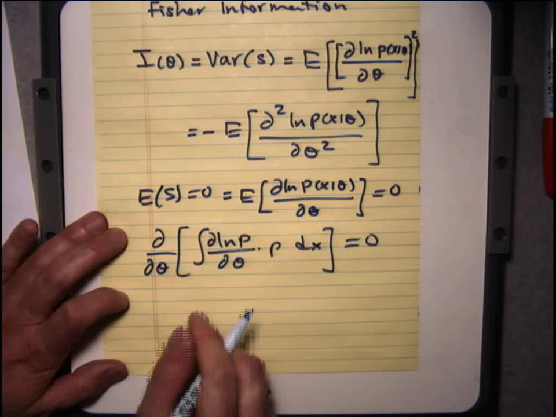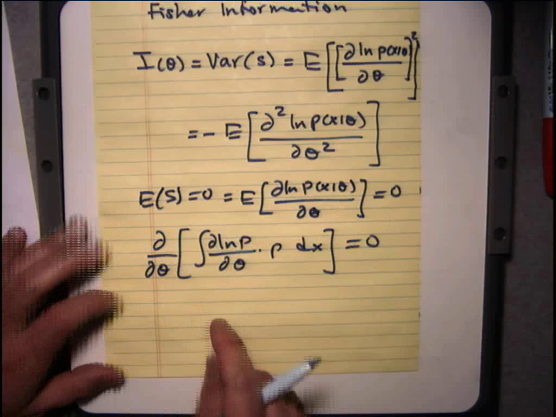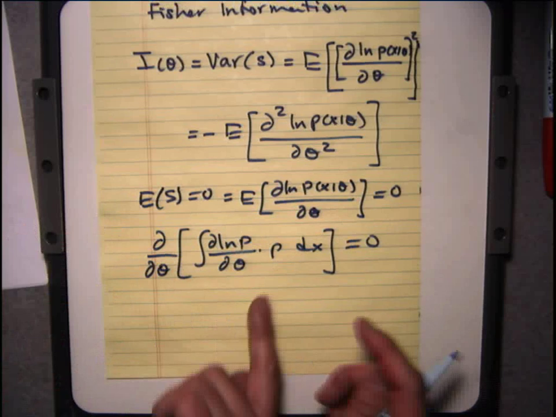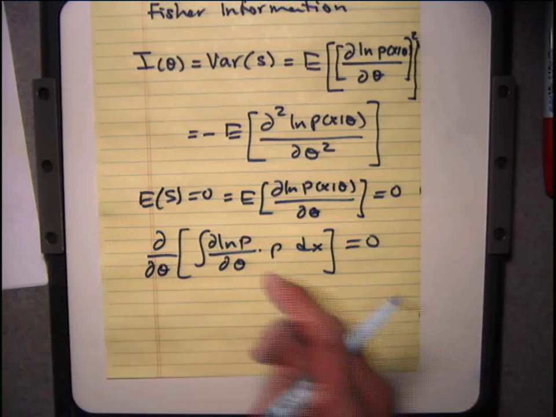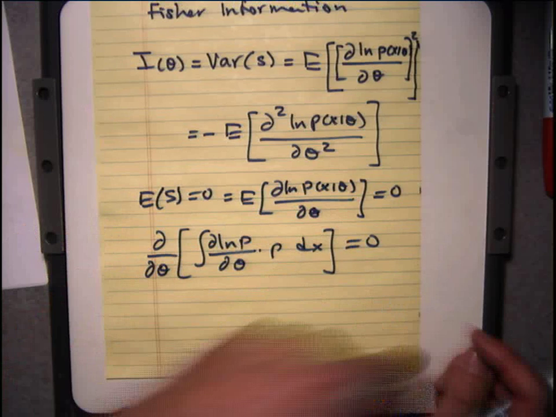Okay, and what I'm going to do now is the reverse of what I did before. Before I kept pulling the derivative out of the integral. Now I'm going to push the derivative inside the integral.